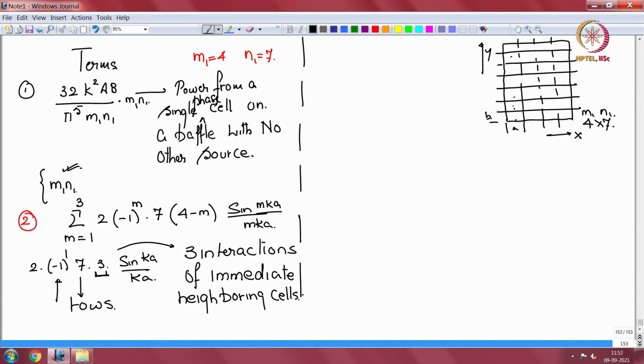So I get an interaction of this cell with that cell, immediate neighbor, that's 1. I get an interaction of this with this 2, this with this 3, that's the 3.